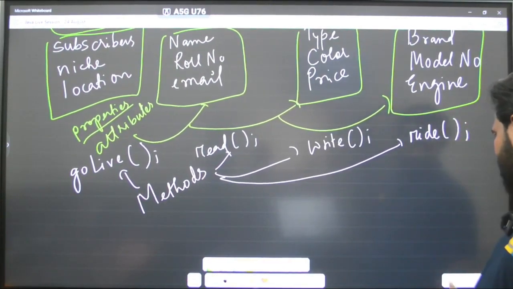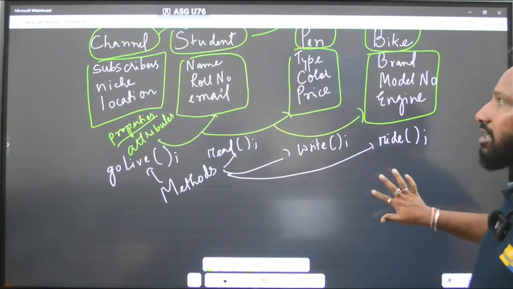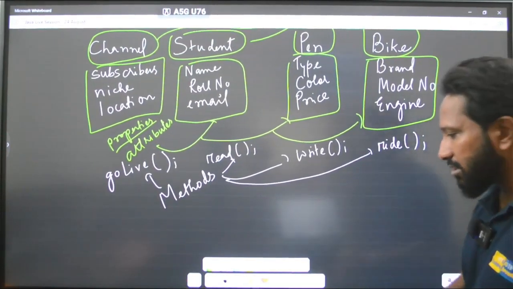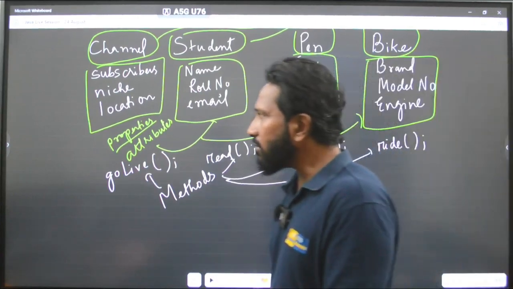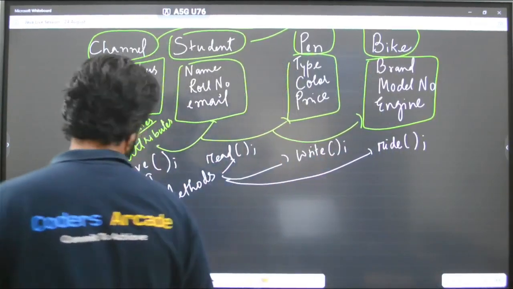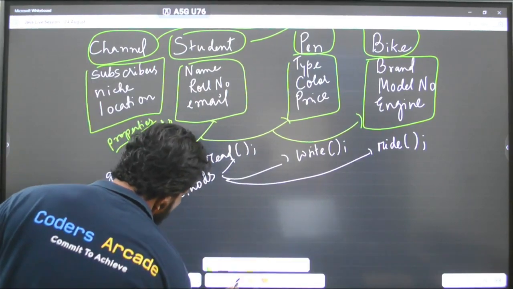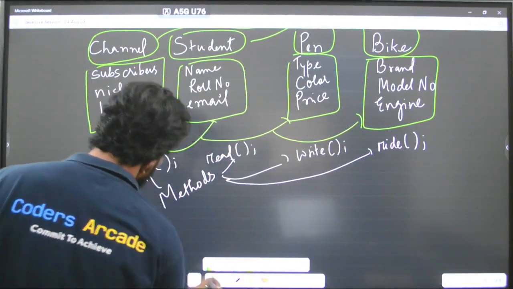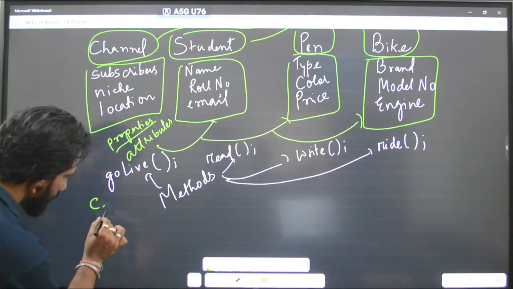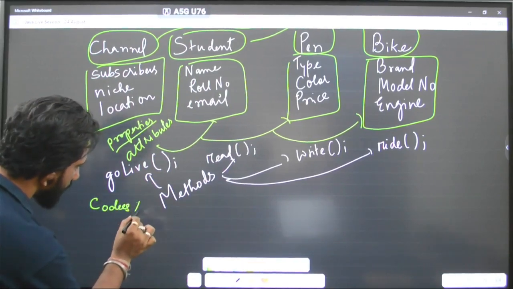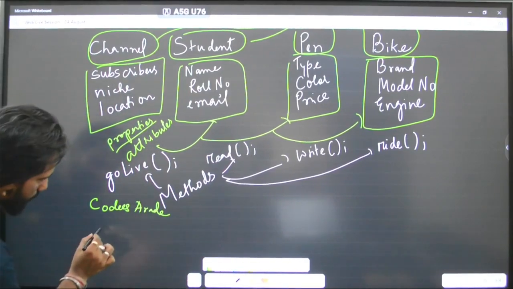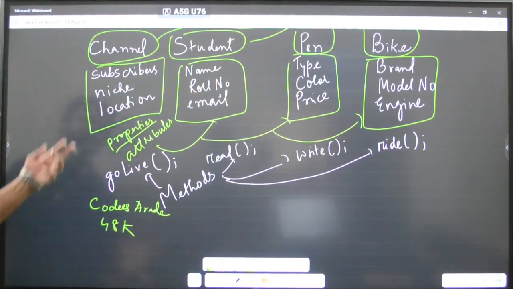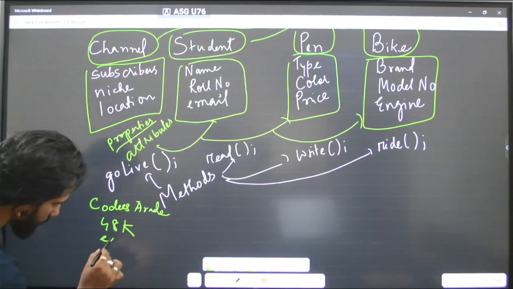Okay, let me just reduce the zoom size so that, yeah, now it is better. So, channel. Say I am writing the name of my channel only, CodersArcade. Subscribers, we have around 48k subscribers. Then the niche is education.